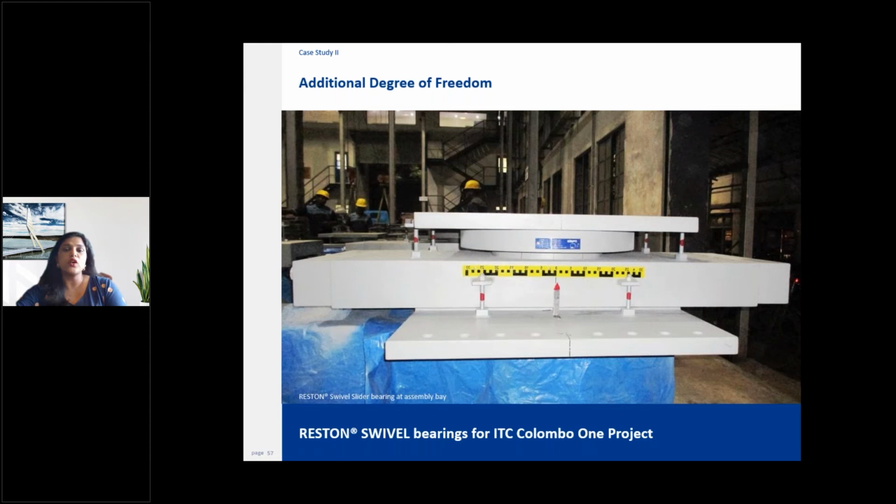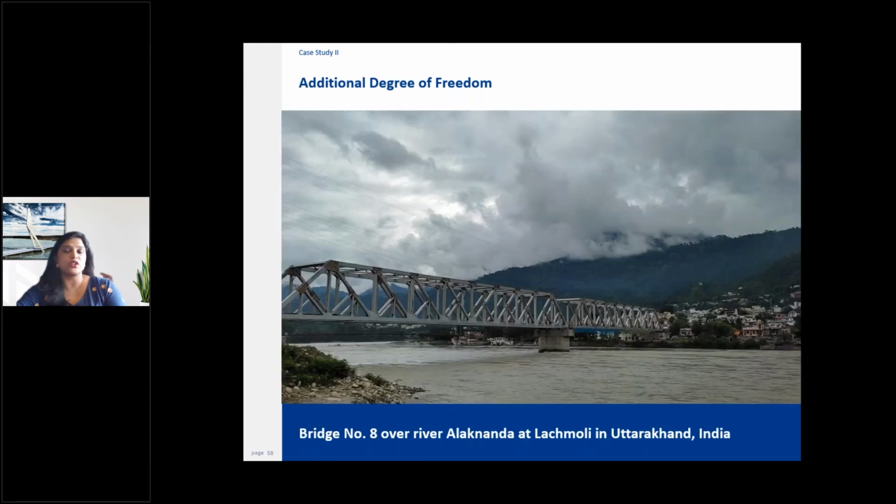Of course, this was an example from the building sector. In the infrastructure space as well, such a challenge was recently encountered while designing bearings for bridge number 8 over river Alaknanda at Lachmoli in Uttarakhand. Here, a free pin guide bearing system was adopted. As most of you are aware, the metallic guide and pin bearings are placed under the diaphragm walls and not below the longitudinal girders.